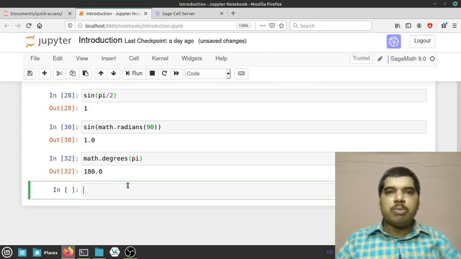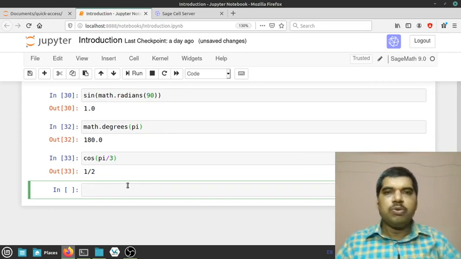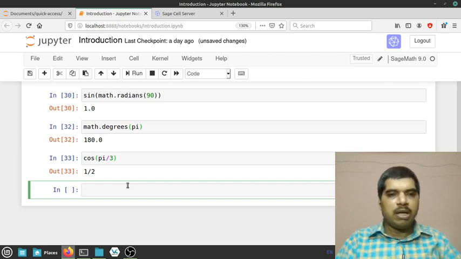So while using trigonometric functions, one has to be really careful to use arguments in radians. Just like that, cos of pi by 3 is equal to 1 by 2. Cosec, everything is there.